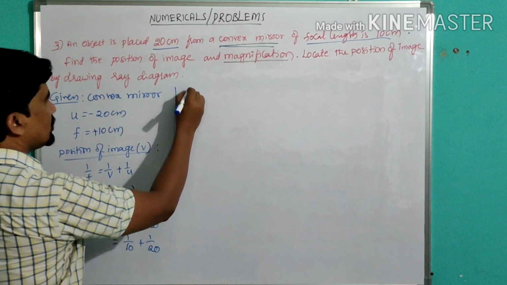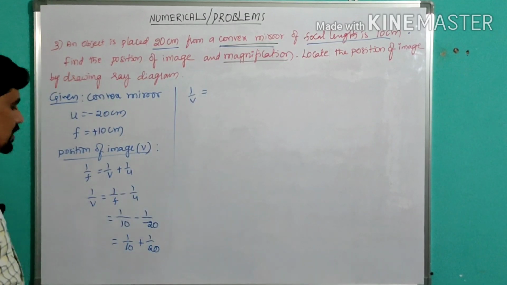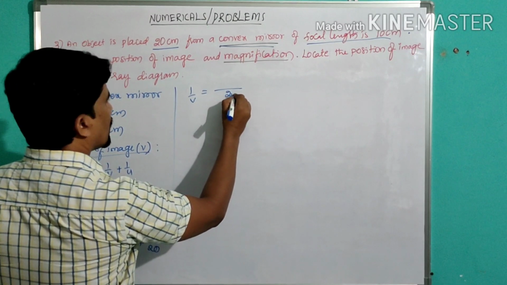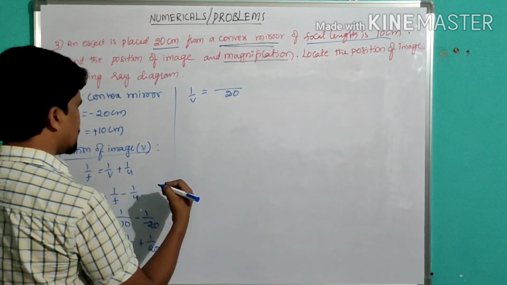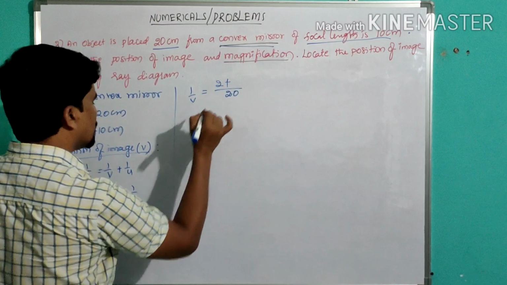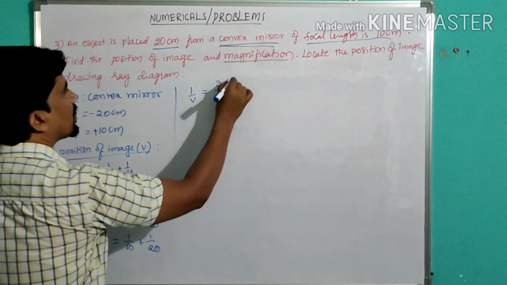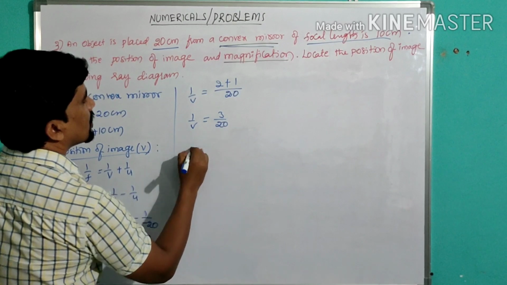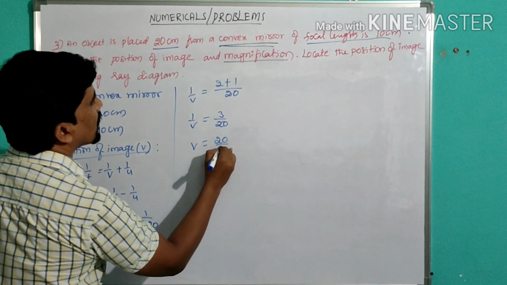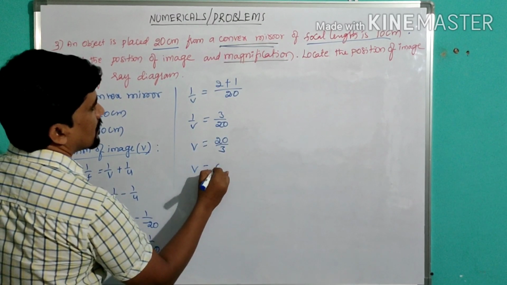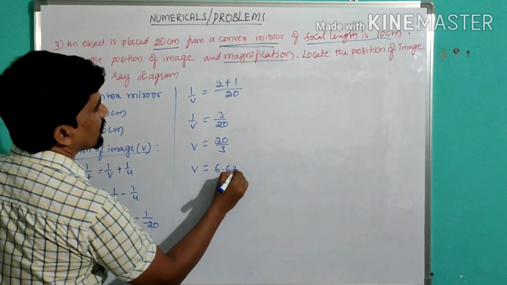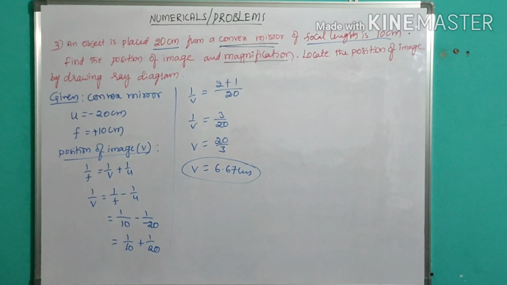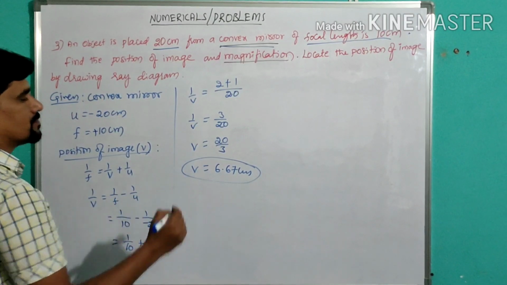Now 1 by v equals, with LCM 20, 10 2 times 2, 20 1 time 1, so 1 by v equals 3 by 20. Now v equals 20 by 3, that is 6.67 centimeters. V is positive for a convex mirror.